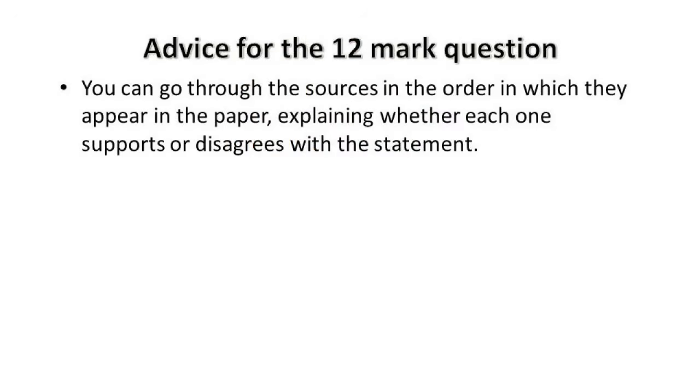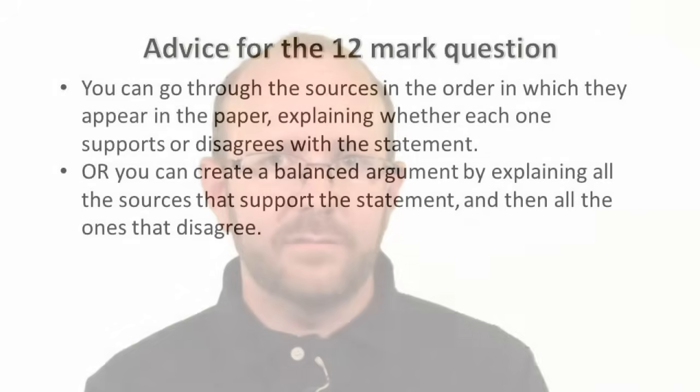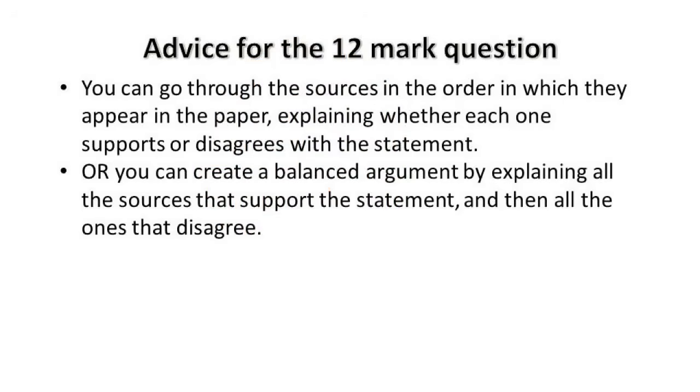As long as you're using most of them, you'll be okay. Fifth, candidates can simply go through the sources in the order in which they appear in the paper, explaining whether each one supports or disagrees with the statement. Alternatively, you might instead create a balanced argument by dividing your answer in half and explaining firstly all the sources that support the statement and then all the ones that disagree.